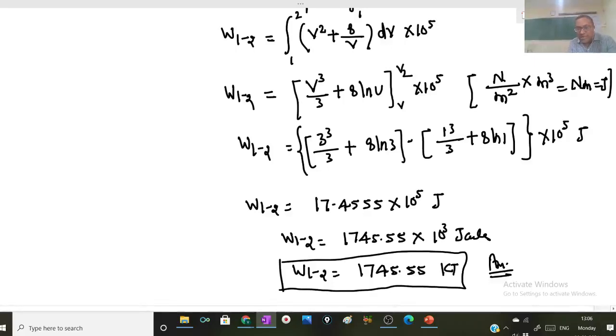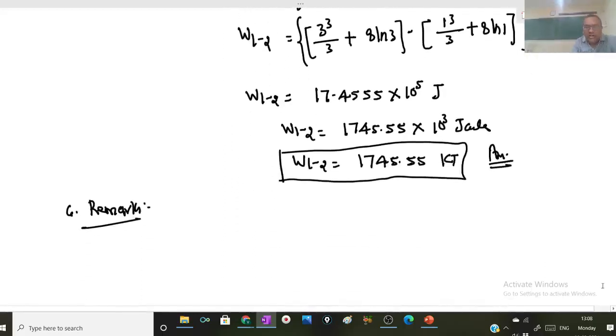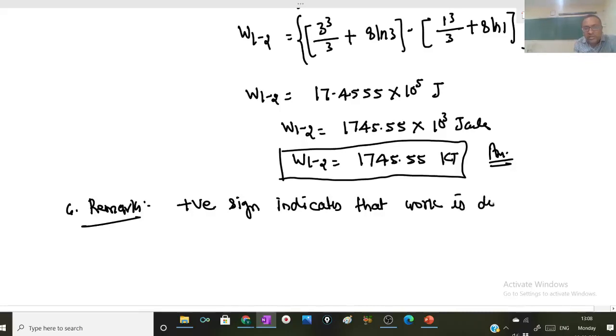Now the final thing is remarks. So here the sign of work transfer is positive. So positive sign indicates that work is done during the process.